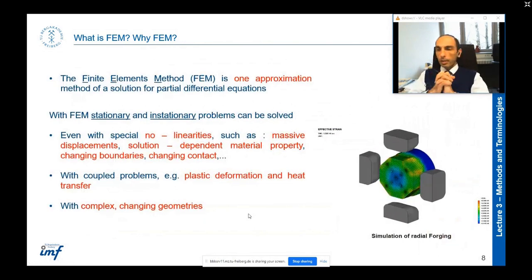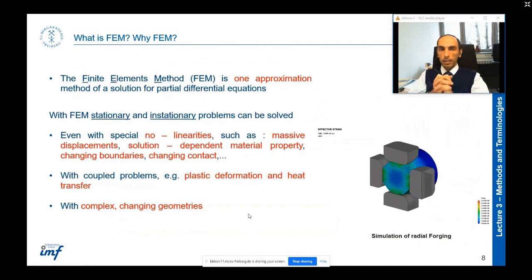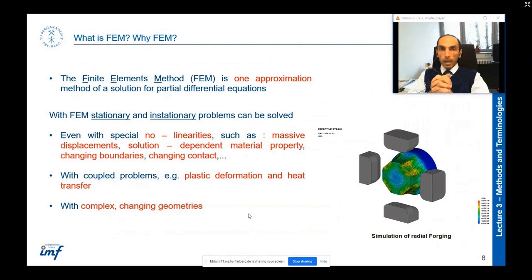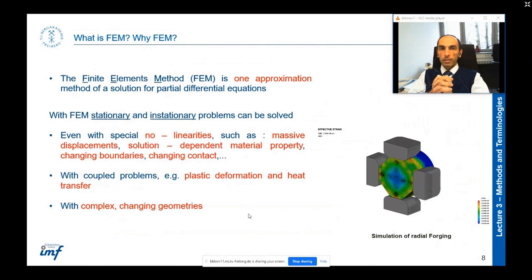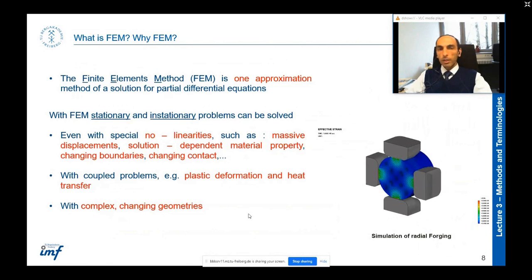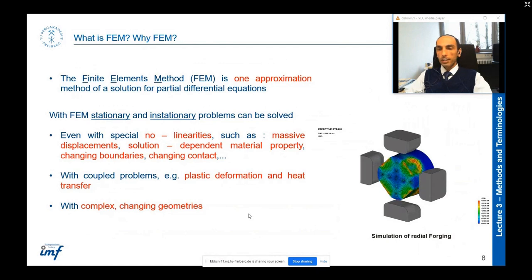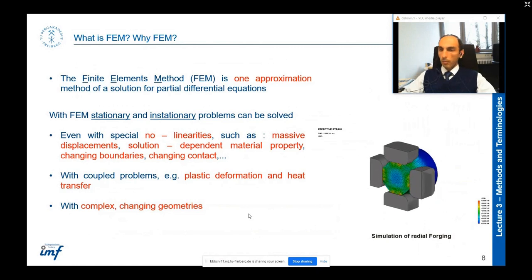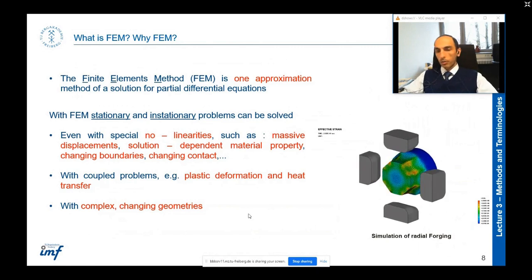Okay, so from the mathematical point of view, the finite element method, or FEM, is an approximation method for solving partial differential equations. I said that if you want accuracy, we use the FEM, but now you see that even in FEM we have a kind of approximation, and approximation means some errors come into the calculation.